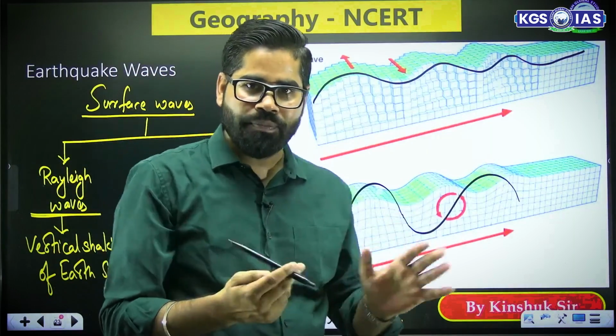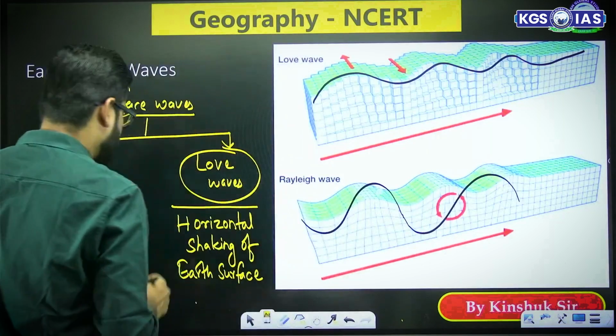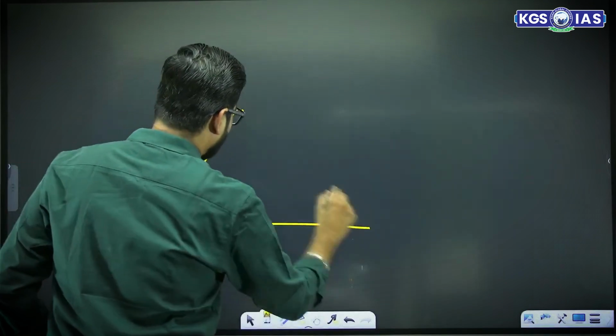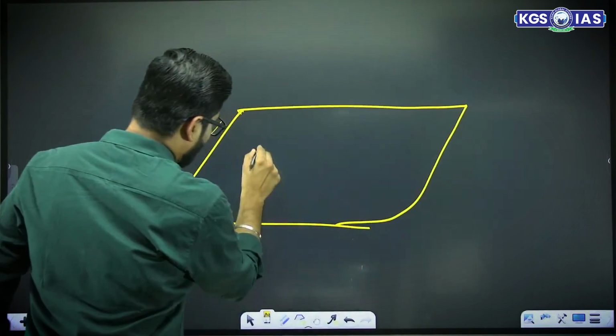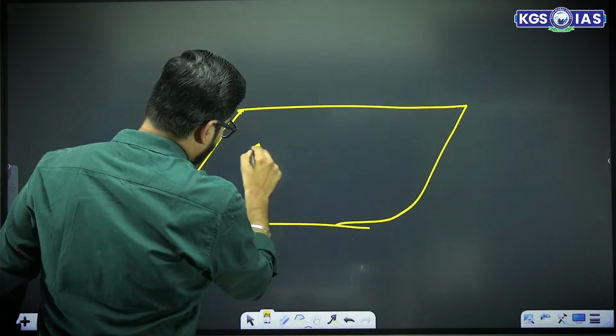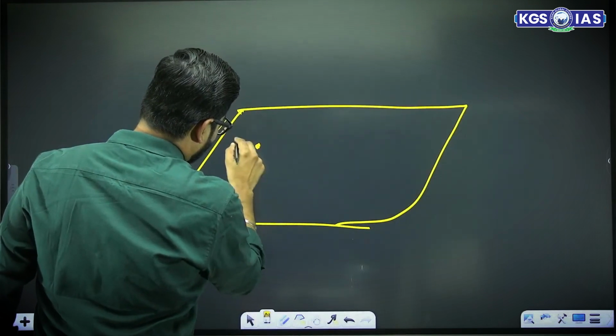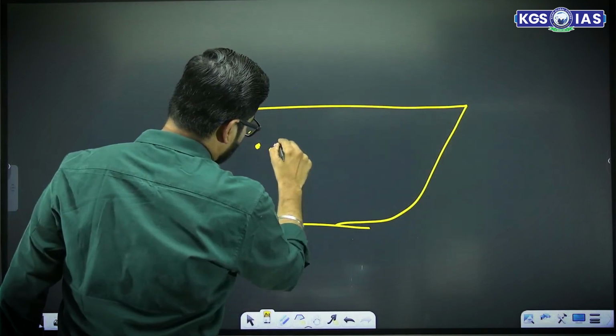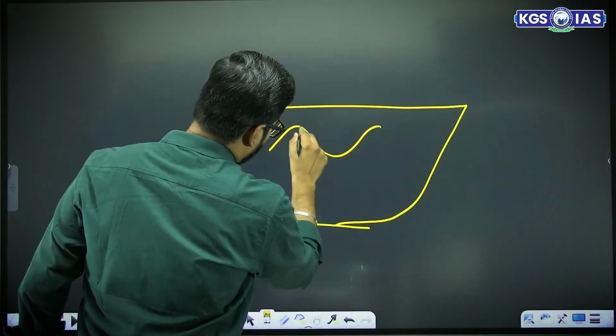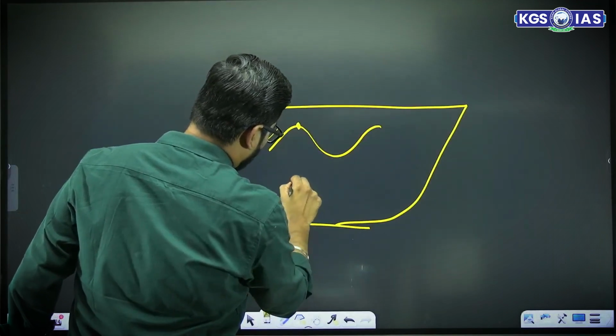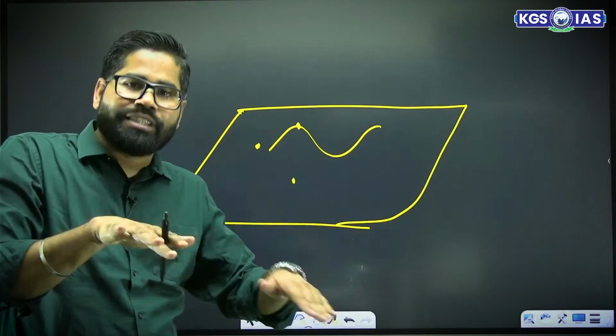Suppose you are standing at a location, at this point. This point will be moving like this. First the point will come here, then the point will go here. So it is a horizontal shaking.